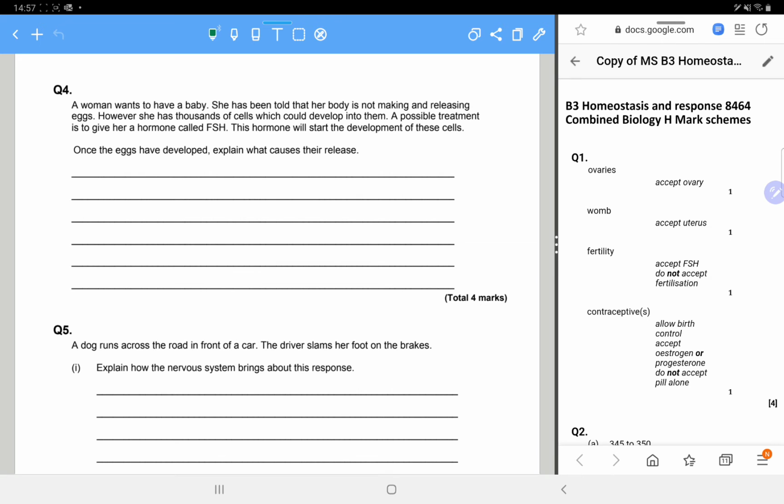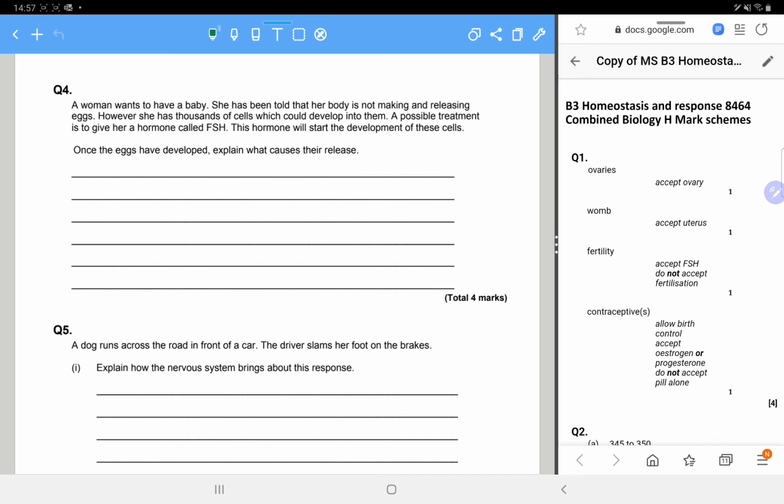Okay, so this does go back to that first question about this cycle. The FSH is causing eggs to mature, and then this is asking, what is the next part up until their release? So we have estrogen released by the ovaries, which travels in the blood to the pituitary gland.